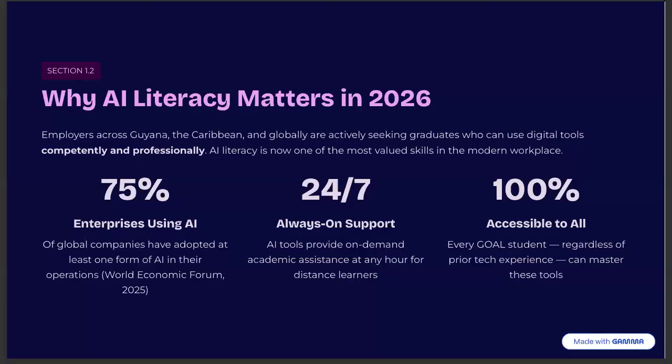Why does it matter? Because nowadays you have 24/7 always-on support in any enterprise, let's say more than the 75% that is projected there. And it's 100% accessible to all.